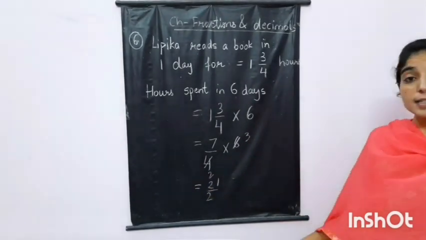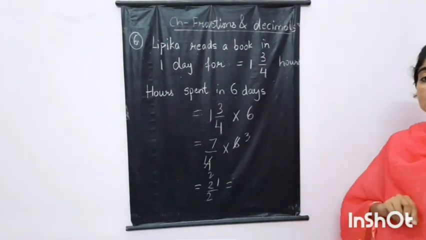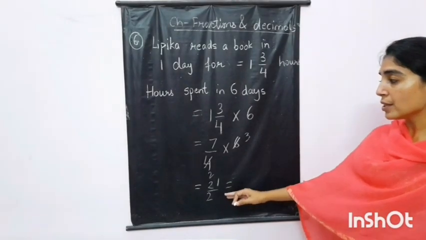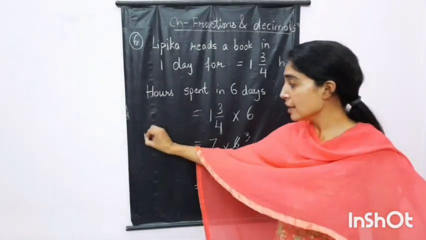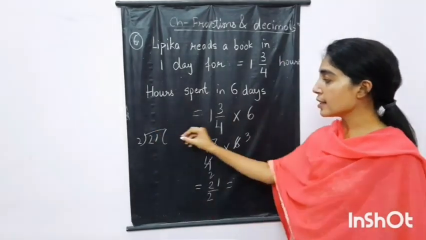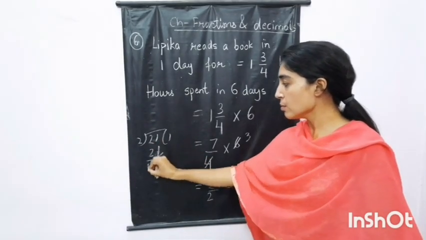Now since it is an improper fraction, we will always convert an improper fraction into a mixed fraction. So to do that, we will divide 21 by 2. If we divide, first it will go 2 ones are 2, 1 will come down.